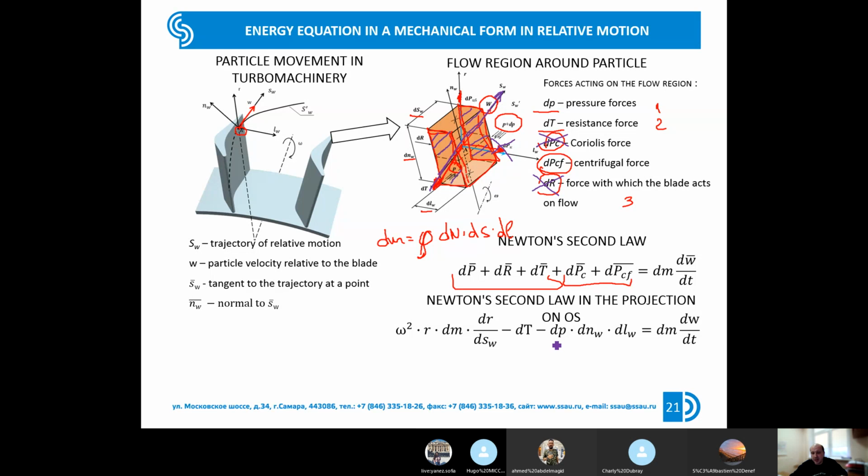After some conversion, we receive such an equation. So the resistance force is projected onto the axis w without any distortion. It's projected in real length, and the same we can say about the velocity w, because the resistance force and relative velocity are directed along the axis w.